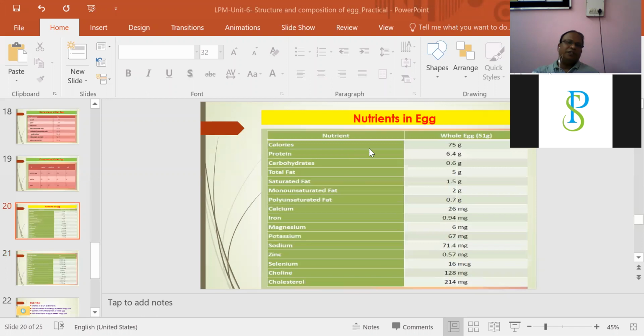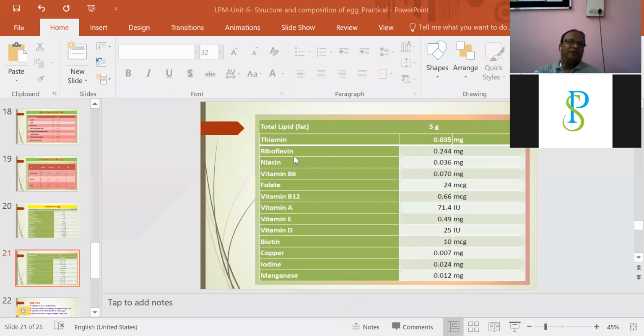Nutrients: you see the calories in 51 grams of egg weight. Calories 75, protein 6.4 grams, carbohydrate 0.6 grams, total fat 5 grams in whole egg.